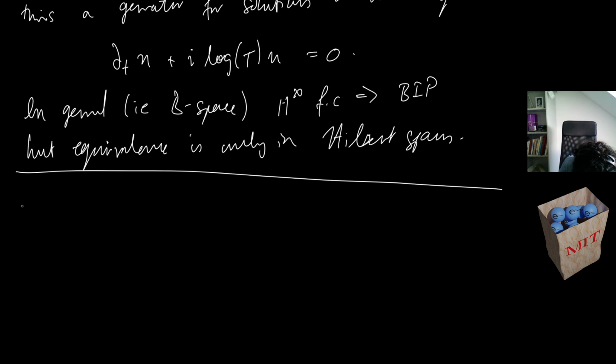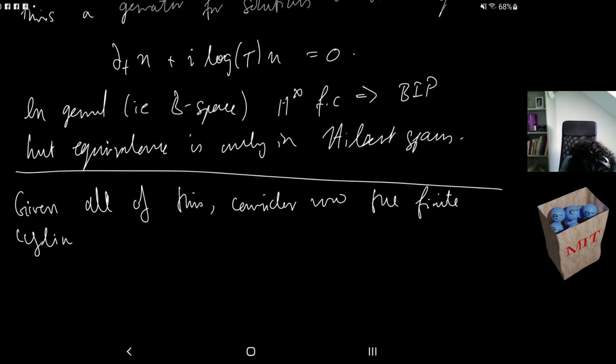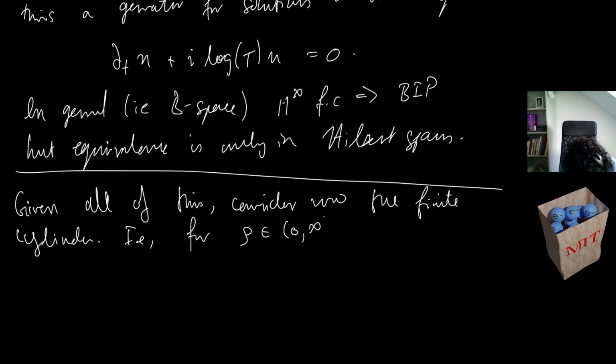So given all of this, consider now the finite cylinder, i.e. for some rho in 0 to infinity, Z rho is... Okay, so I have to be careful with what I do here.